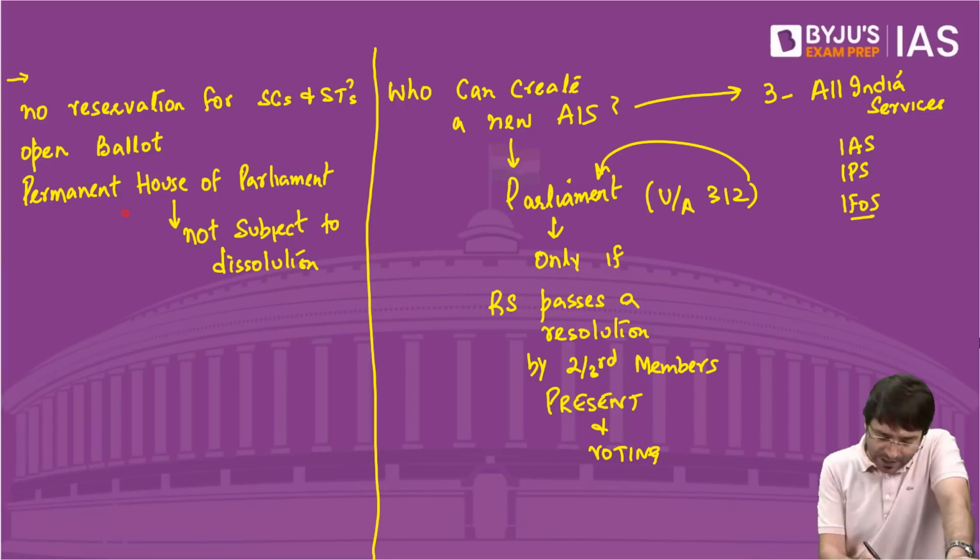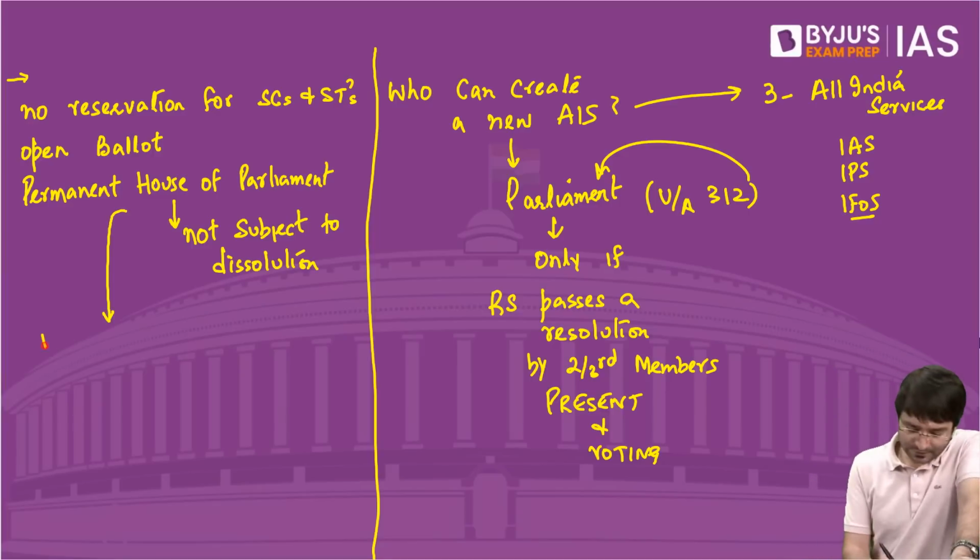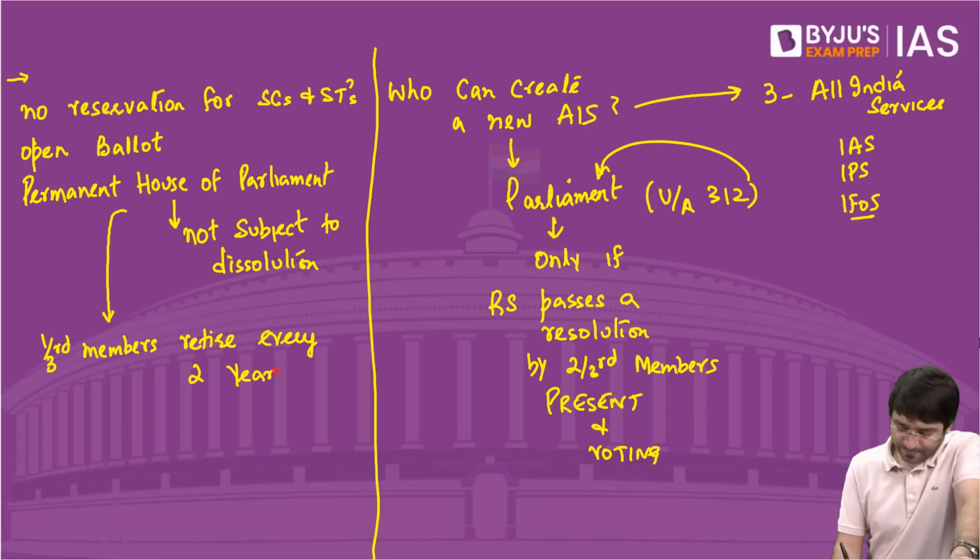And how to ensure this permanent nature of Rajya Sabha? 1/3 of the members retire every 2 years. The term of an MP of Rajya Sabha is 6 years.